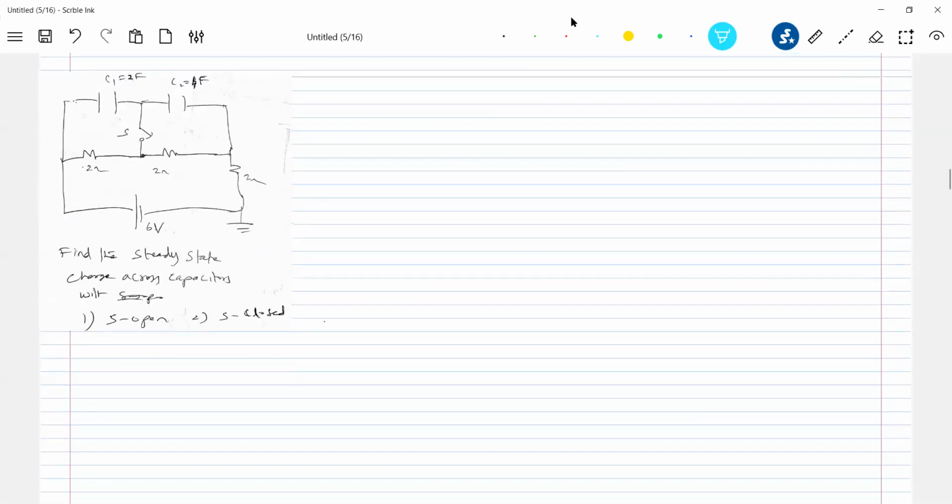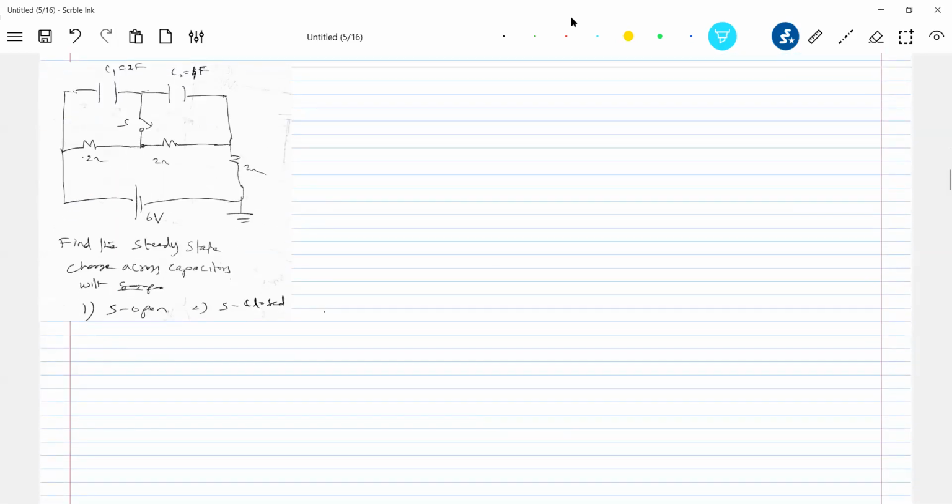Now, let's go to some other problem I picked up. Find the steady state charge across the capacitor with switch S open, and with switch S closed. One earthing symbol is also there. You have to be careful.